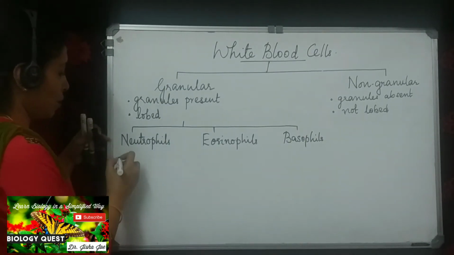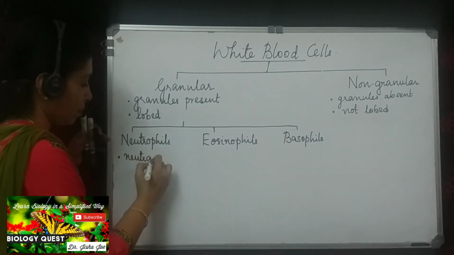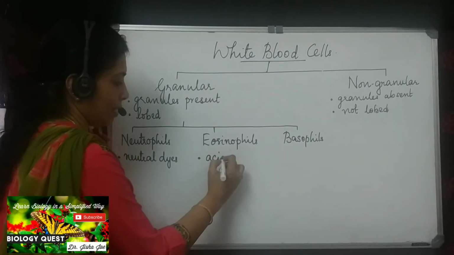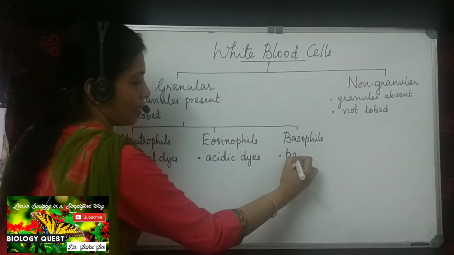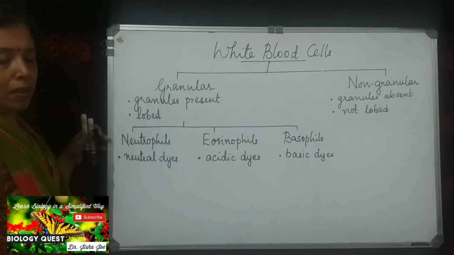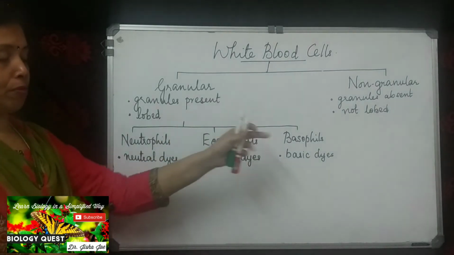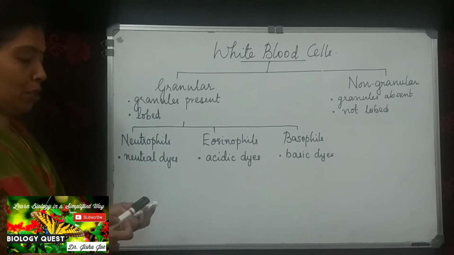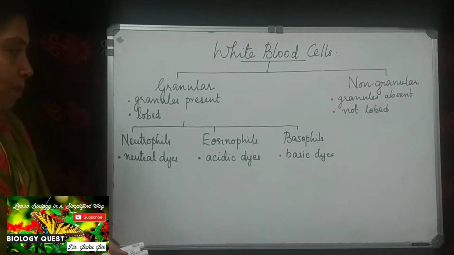As the name indicates, neutrophils are stained using neutral dyes, eosinophils are stained using acidic dyes, and basic dyes are used to stain basophils. This classification of the granular WBCs into neutrophils, eosinophils and basophils is based on the number of lobes of the nucleus.